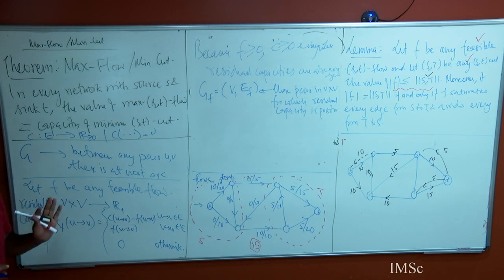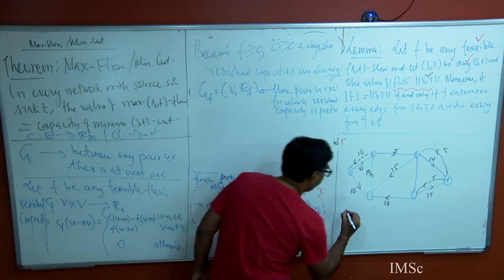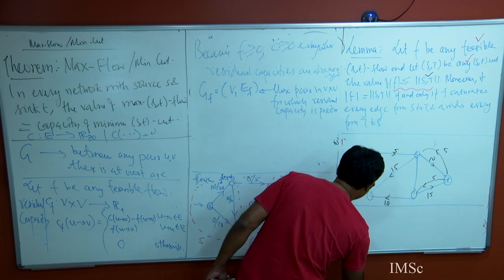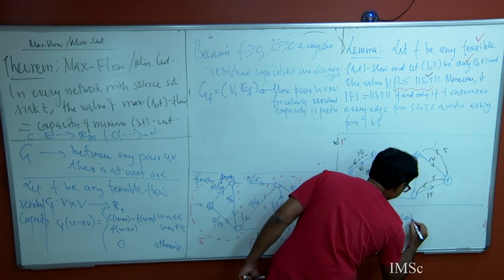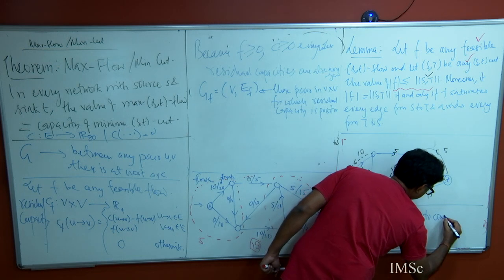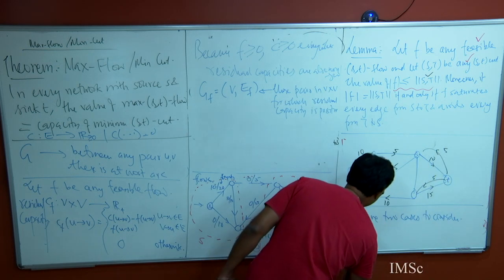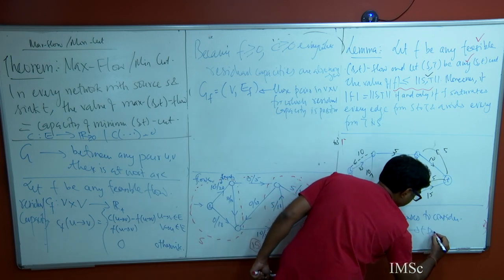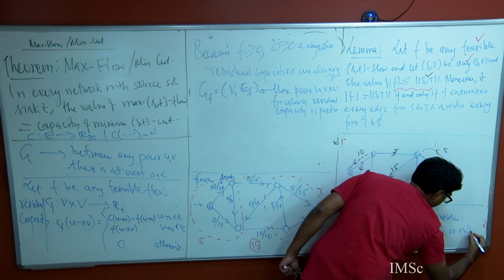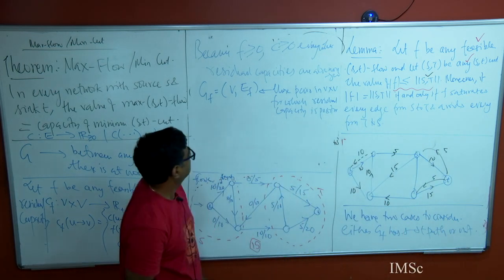Okay, so now we have two cases to consider. Either G of f has an S to T path or not, okay? This is what it is.